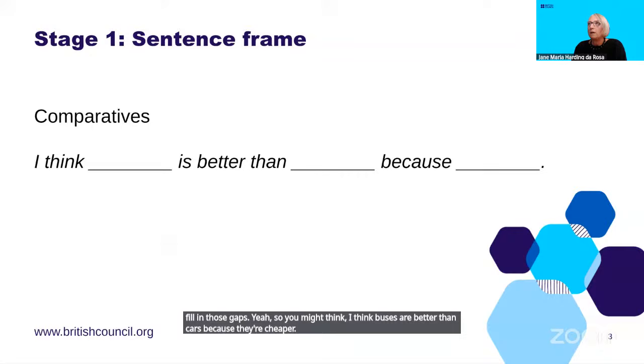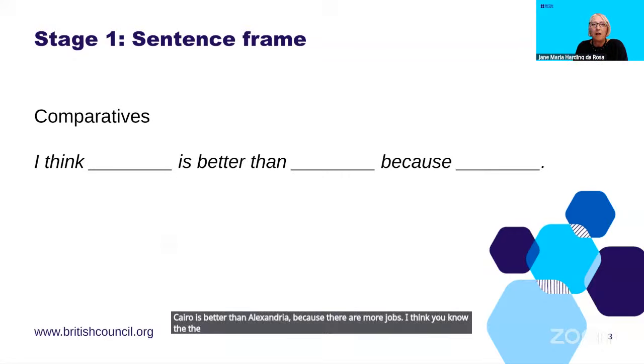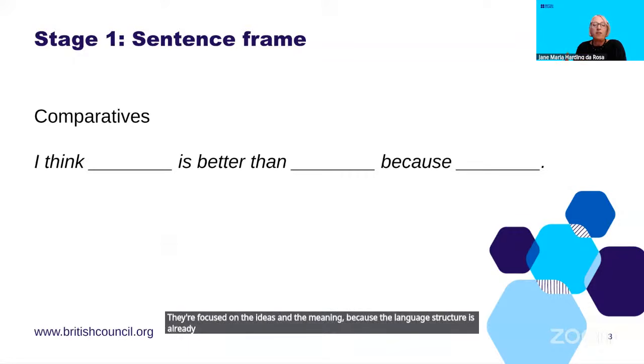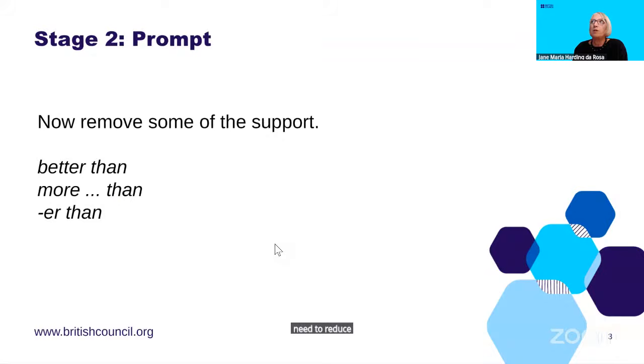I think Cairo is better than Alexandria because there are more jobs. So at this point, they're focused on the ideas and the meaning because the language structure is already provided. We then need to reduce the support. So then it might just become a prompt.